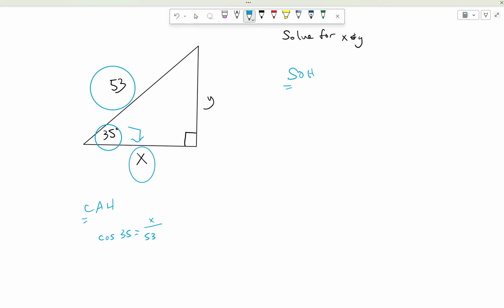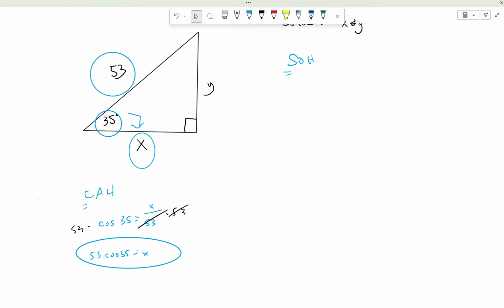Now when I multiply by 53 to solve for this guy, to get x by itself, I'm going to know that the exact answer is 53 times the cosine of 35. And that's x. Boom.